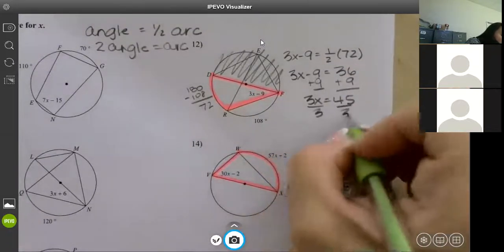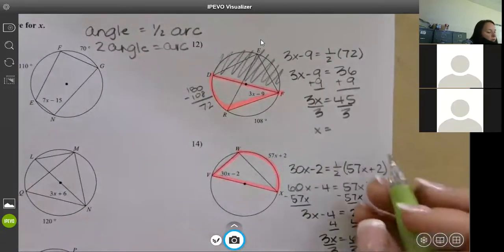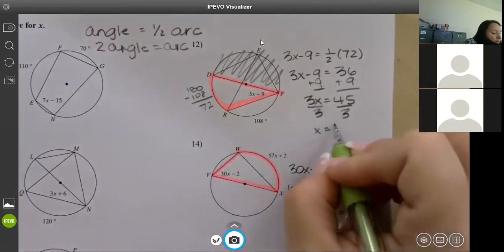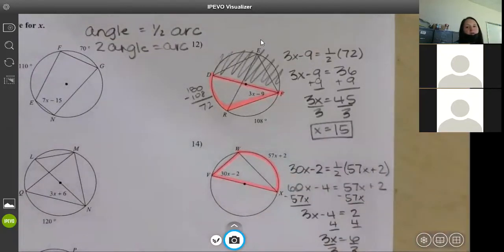Divide by 3. And x equals 15. That's it. Good job. 15 is the exact same one. Just looks a little different, a little less confusing because there's not as many lines.